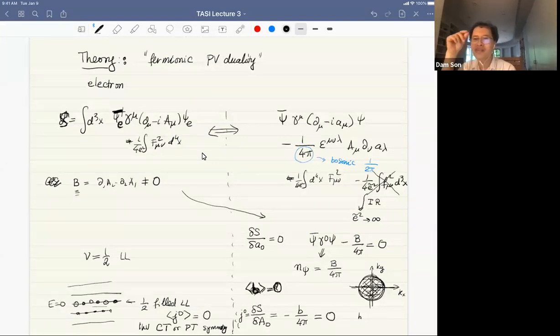You can actually see in experiments semi-classical trajectories of quasi-particles that almost don't bend when the magnetic field is very high. So that's one thing. That also requires this coefficient to be 4 pi. If we have 2 pi, then the radius of the Fermi surface will be different from what was found in experiment.